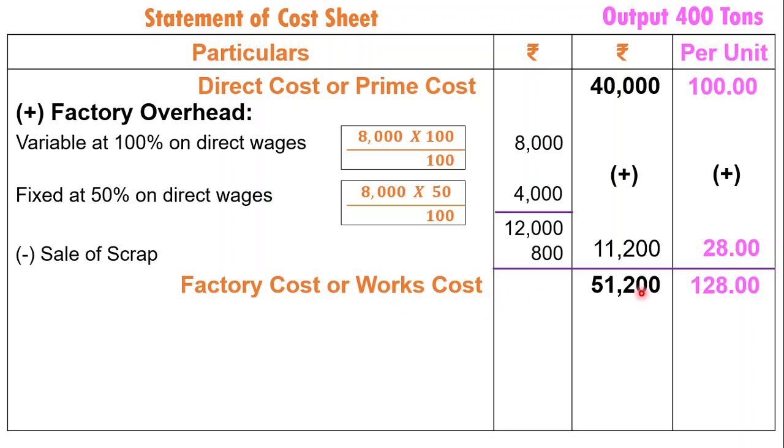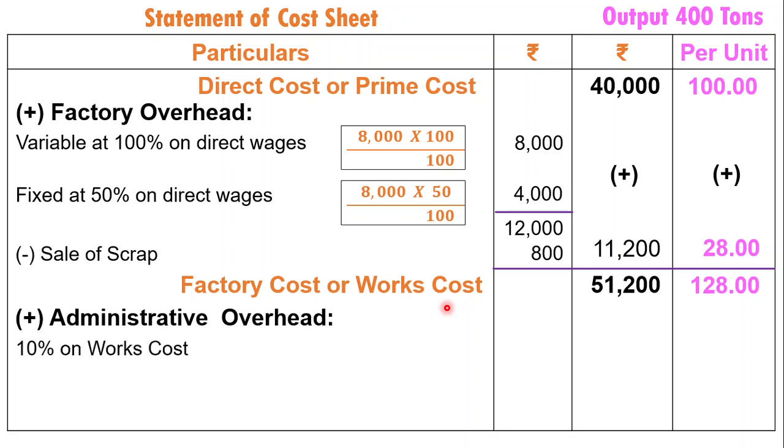Now this works cost amount will serve as a helpful hand in order to arrive at the value of administrative overhead and selling and distribution overhead, because selling and administrative overhead is to be calculated based upon works cost. So second is administrative overhead.